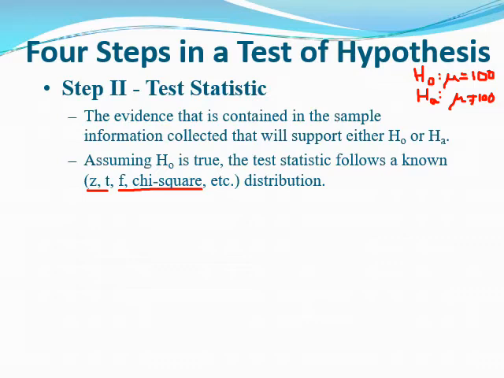If you assume the null is true, if you assume that the population mean is 100, now we can fall back on our sampling distribution work. We can say, if we take a large sample, then the sampling distribution of x bar will be normal because of the central limit theorem, or approximately normal. The mean of the x bars is mu.